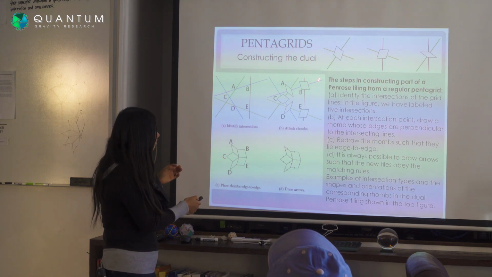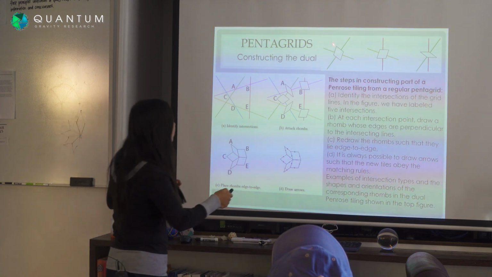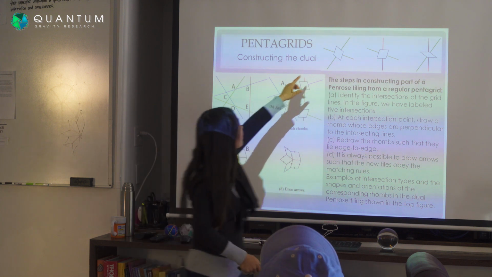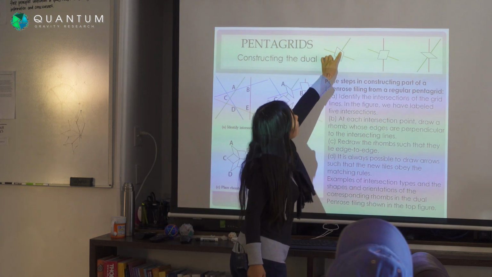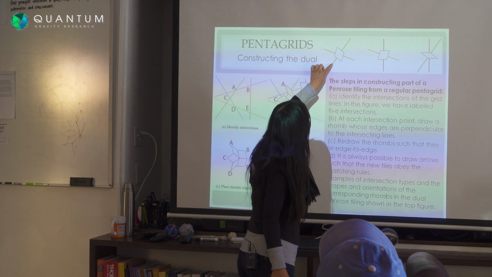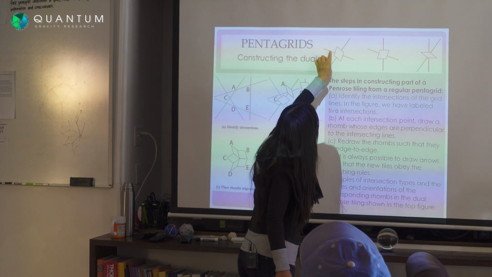So you can see here for this kind of intersection, you build a tile like that, and how you build it is, this edge is perpendicular to that grid line. That's why these two are parallel, and so this edge is perpendicular to this grid line. This is perpendicular to that.